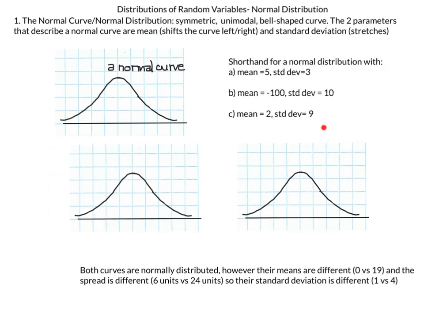Here is a short exercise. We want to write the shorthand for a normal distribution with mean equals 5 and standard deviation equals 3. So that would be capital N, where our mean is equal to 5 and our standard deviation is equal to 3. I'm also going to draw this for you on this graph here. So I'm going to label it mu equals 5, standard deviation equals 3.